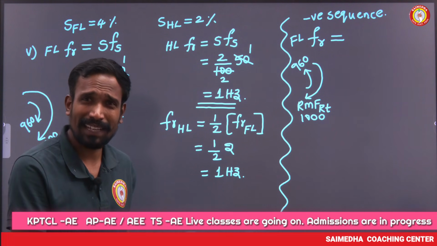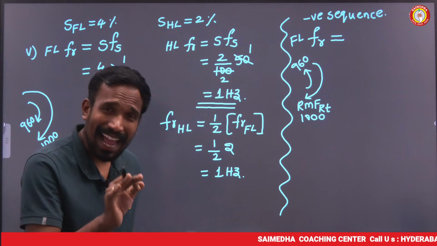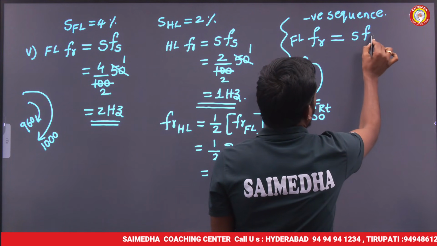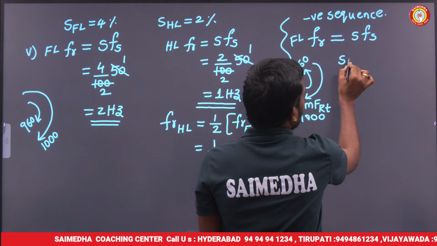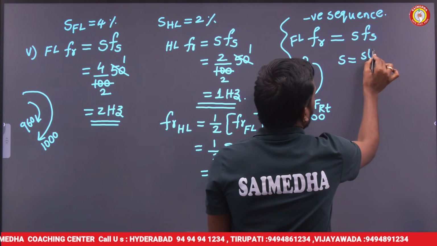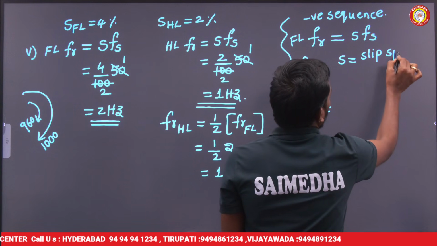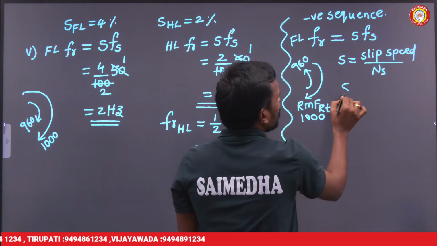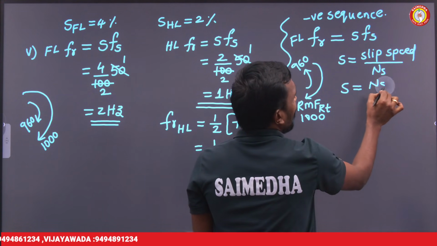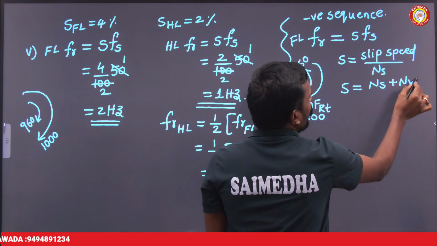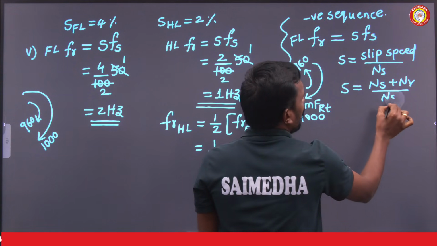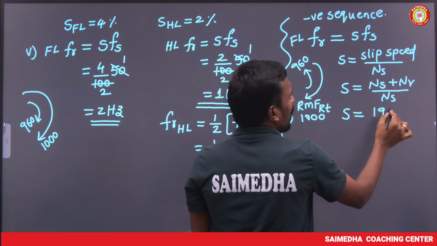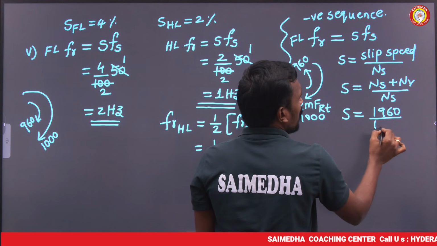If they ask you like that, you have to calculate S into Fs, but what is S here? Slip speed by synchronous speed. What is the slip speed here? Don't take Ns minus Nr. Now you have to take Ns plus Nr. 1000 plus 960, 1960 by 1000.